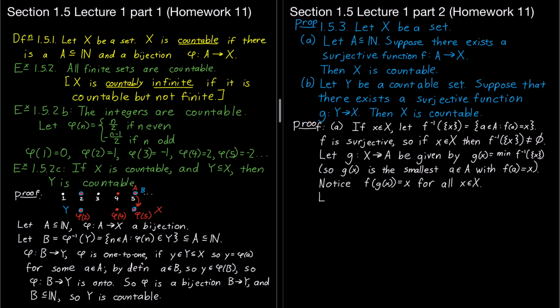And let's let the set B be g of X. That's the subset of A. That's everything you get from g. So g is onto, is surjective by definition.